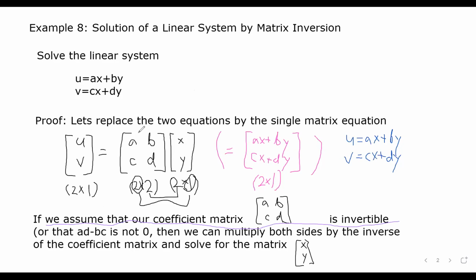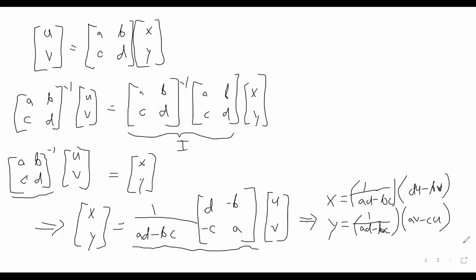If the coefficient matrix is invertible, the system has one solution, and you find the values for each unknown this way. Any questions? It's the end of the proof, so I'm just putting a box here.